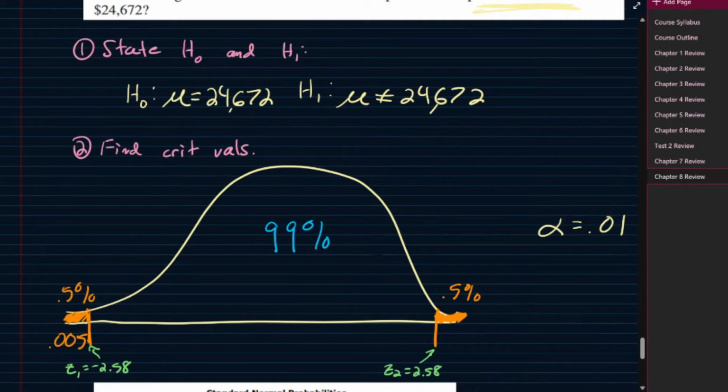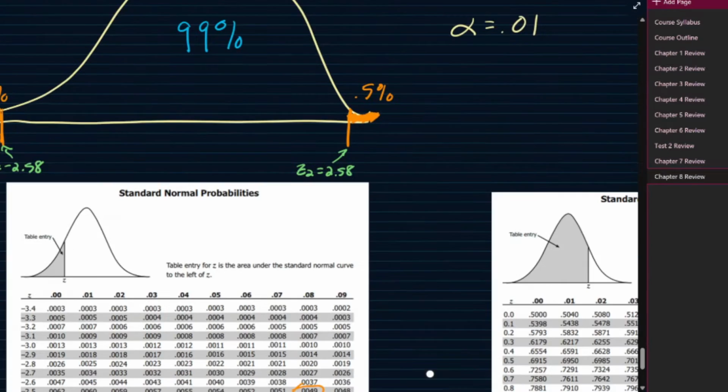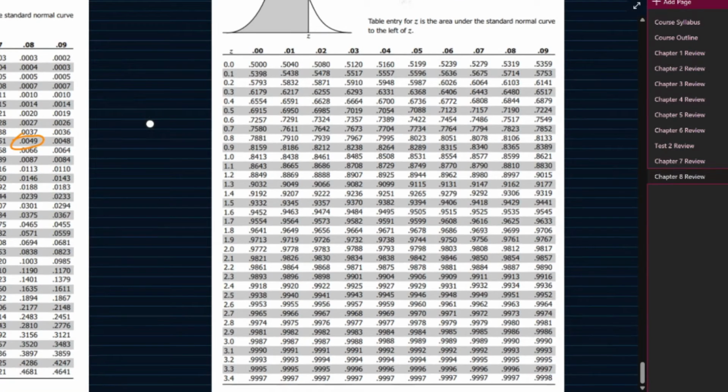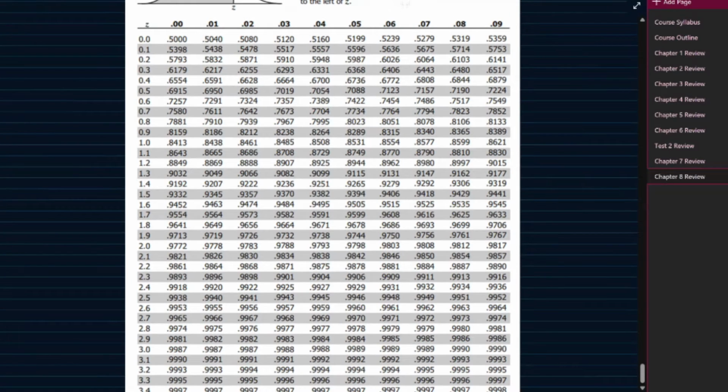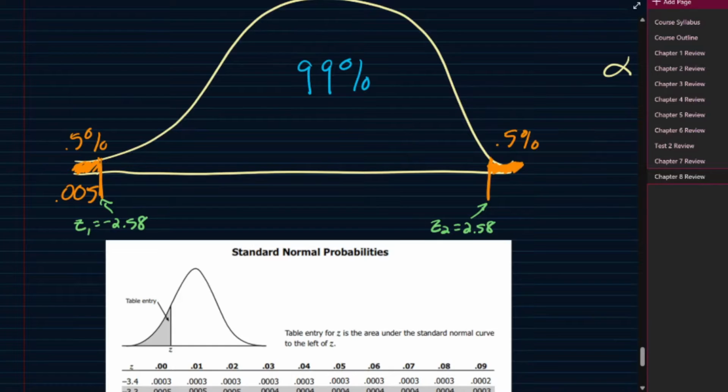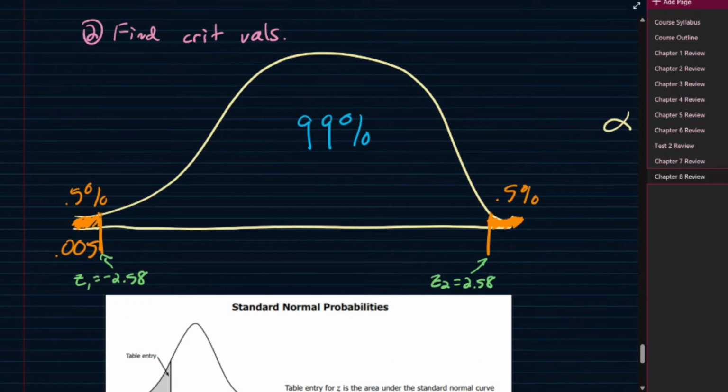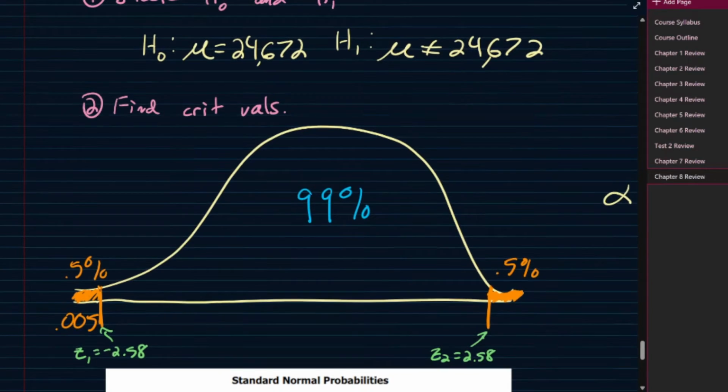So we've got to look for the value closest to 0.995. You'll see here we do get the positive 2.58. So that's how to find the right tail as well. But as I mentioned, it's just going to be the positive of the one on the left. Okay, so that's our critical values and thus our critical ranges.